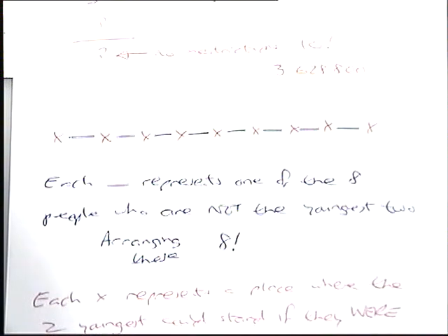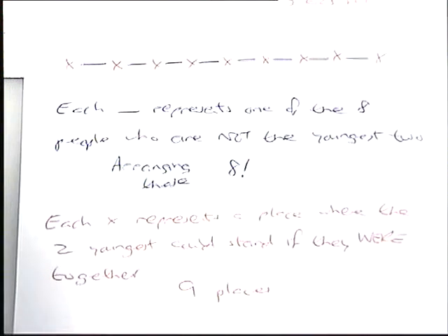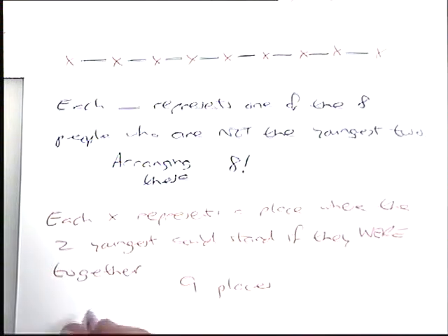Now I know that's not what we want, but how many places are there that they could go, if you count those up? 9. Yeah, that is 9 places they could stand. So there are 9 places where you can have the 2 youngest together.